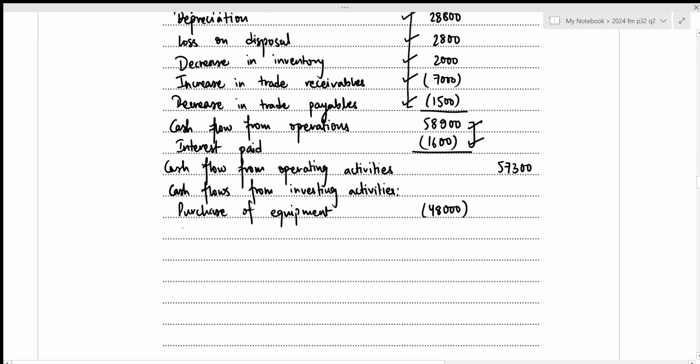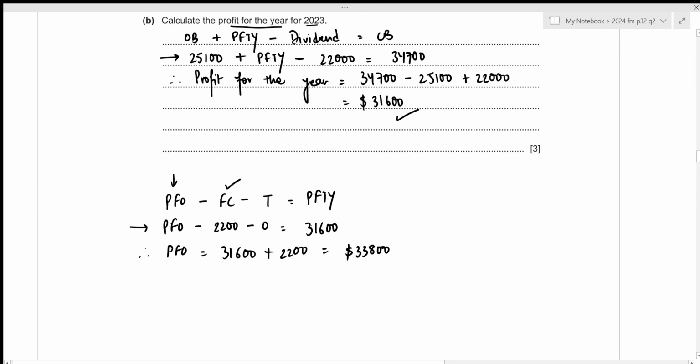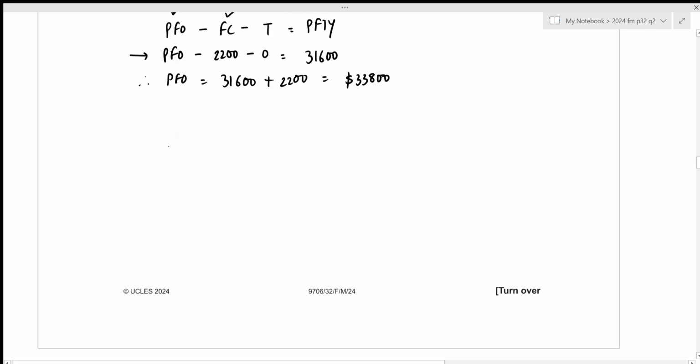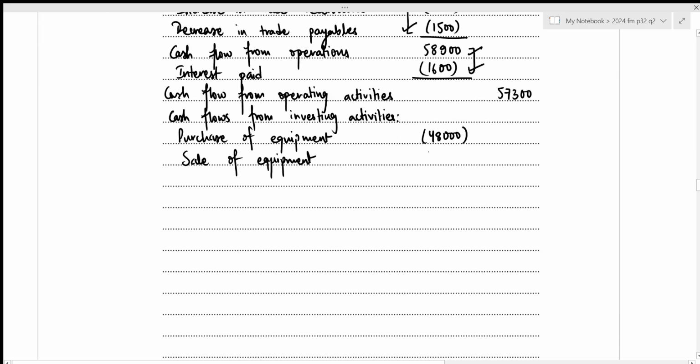Then we also had sale of equipment, and while making the sale, we received the sales proceeds, which will now act as our cash inflow. The sales proceed in this case was of 6,200. Let's add this amount. That will be all.